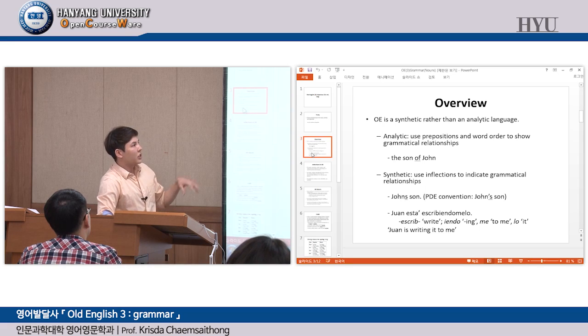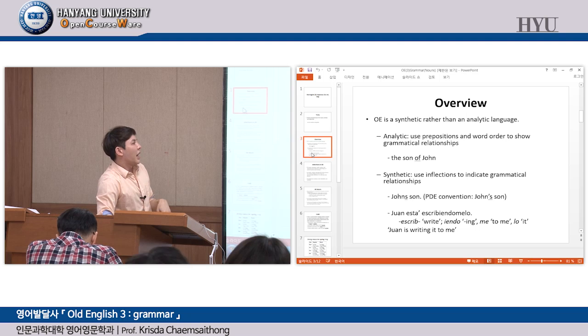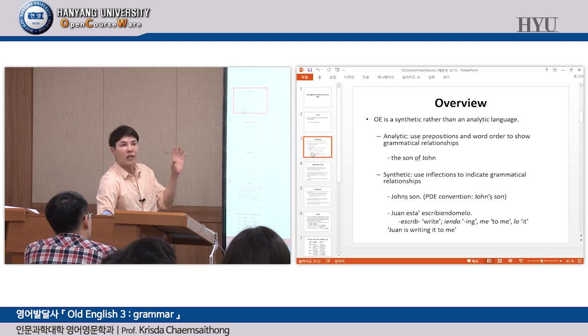The grammatical relationship in the son of John is possession, a possessive relationship. Now, in a synthetic language, you don't use a freestanding word, but you use inflections to do that. So in Old English, we have John's son, with an S here. So S is not a freestanding morpheme.